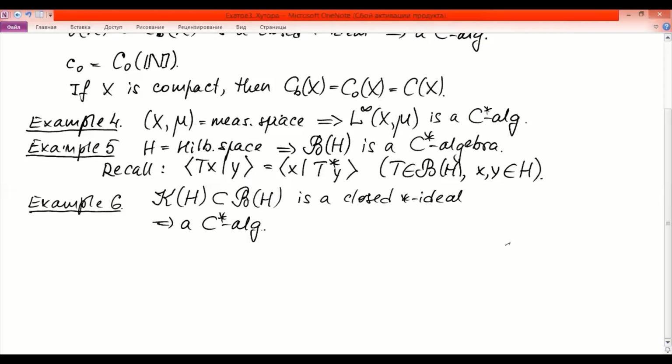Well, let's now give a counterexample or a non-example. Example 7. Let's consider the algebra of n times continuously differentiable functions on the closed interval [a, b]. Well, clearly it's an algebra under pointwise operations. Also, we know that it's a Banach algebra.